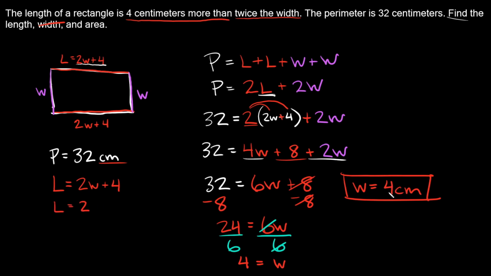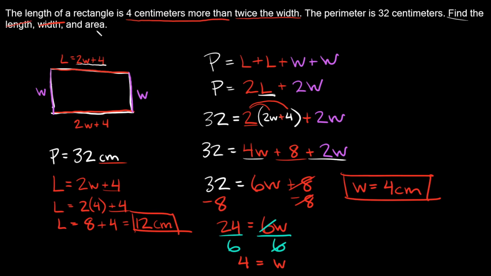Well, we just found it, right? It's 4. So we're going to multiply by 4, and then plus 4, right? So then the length is equal to 2 times 4, which is 8, and then plus 4, right? So then 8 plus 4 is equal to 12. So the length is equal to 12, and remember our units are centimeters, right? So the length is equal to 12 centimeters. Okay, so we just found the length.